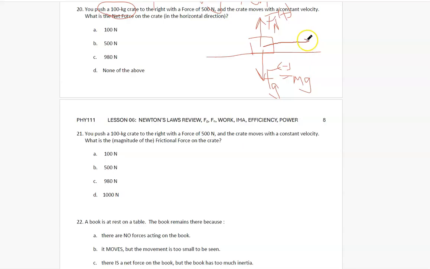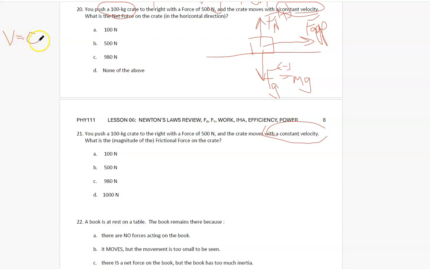We also have an applied force to the right of 500 newtons, and we know this object is moving at a constant velocity, and the constant velocity is in both of these problems. Well, the second you see constant velocity, bells should be ringing in your head. You should immediately think, okay, the velocity is constant.